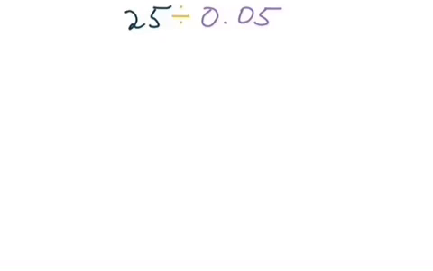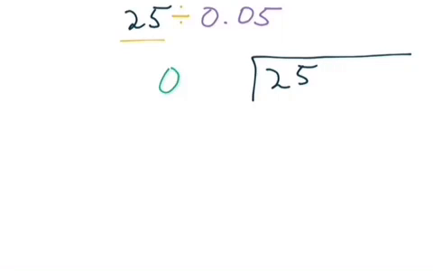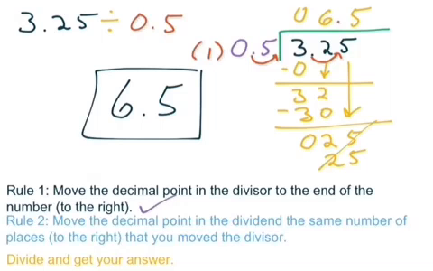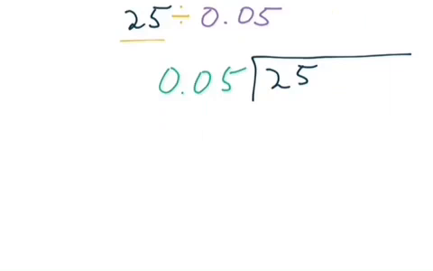So now I've got a whole number, 25, divided by a decimal. So I set it up the same way, 0.05. Now if we remember all of our steps, first step, move the decimal point in the divisor to the end. Okay, well, this time to move it to the end, I have to go 1, 2 places.